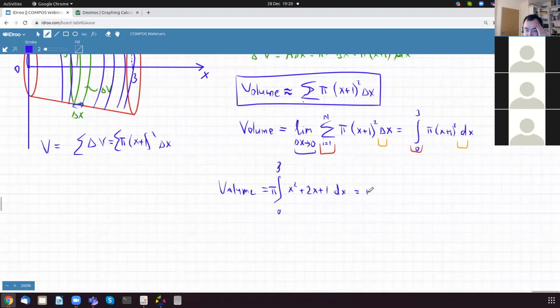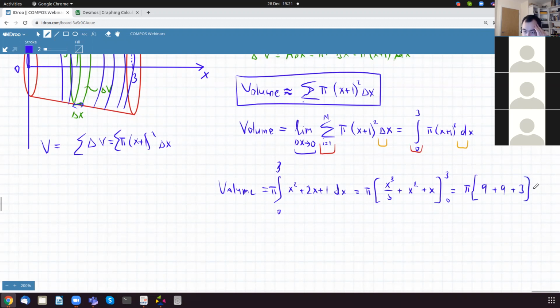So it's going to be pi, square brackets, x cubed over 3 plus x squared. The integral of 2x is x squared, plus x between 0 and 3. You substitute 3, so it's going to be pi. So 27 over 3, so that's 9. This is plus 9. And this is plus 3. Plus 3, and that equals 21 pi.